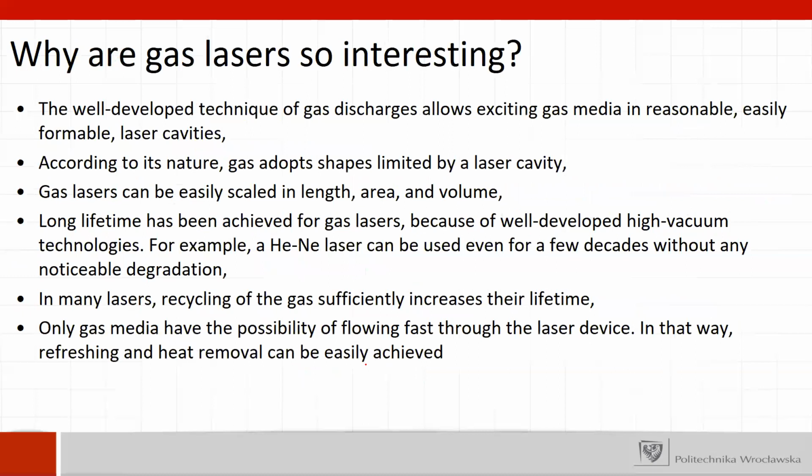So why are they so interesting? There are several reasons why people were focusing on gas lasers. The most important thing in gas lasers is that they are characterized by a very narrow emission line. This is because of the long transition lifetime in atoms of gases, what I was talking about last week.